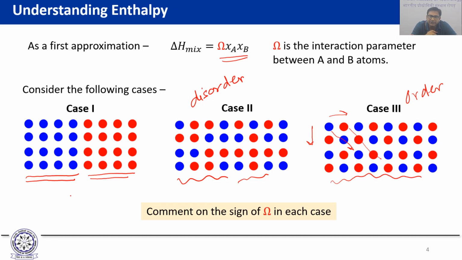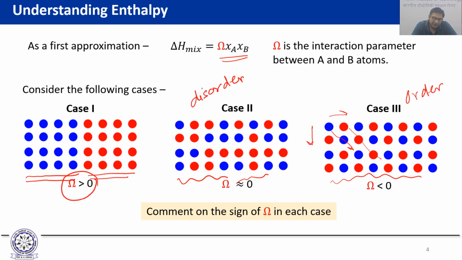And so what that means is the formation enthalpy would also have to increase. So this is a case where you will have the interaction parameter being greater than 0. Anytime you have the interaction parameter greater than 0, forming an alloy becomes difficult. Now, of course, entropy is going to stabilize the formation of the alloy, but if the value of omega is much greater than 0, then even the entropy cannot get the alloy to form.